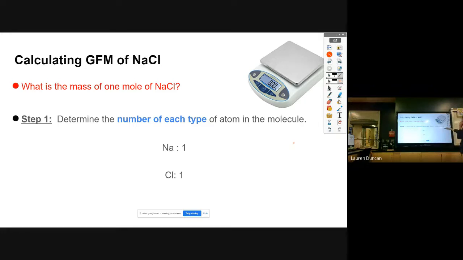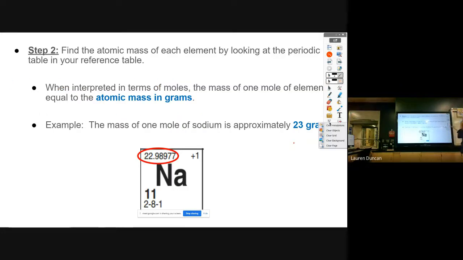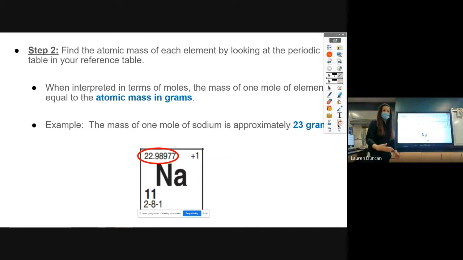Next, you're going to look on the periodic table and take the atomic mass of that element and basically just say that that would be the mass of 1 mole of that element in grams.